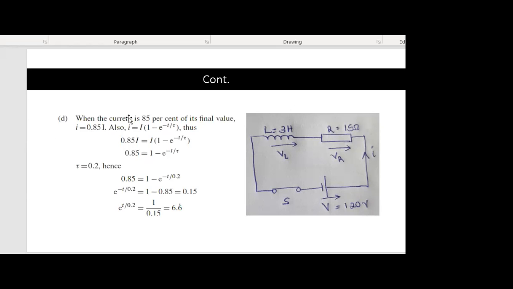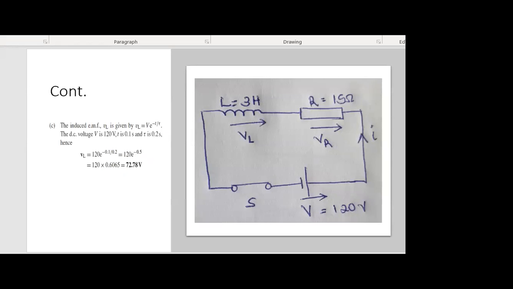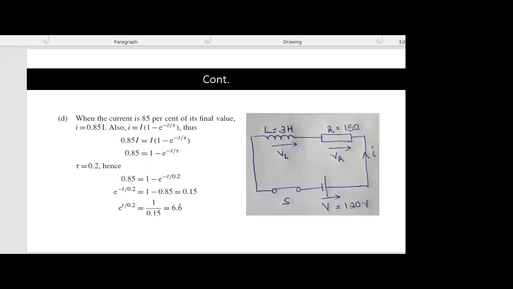So we can use the equation. So we need 85%. 85% is the same as 85 over 100.